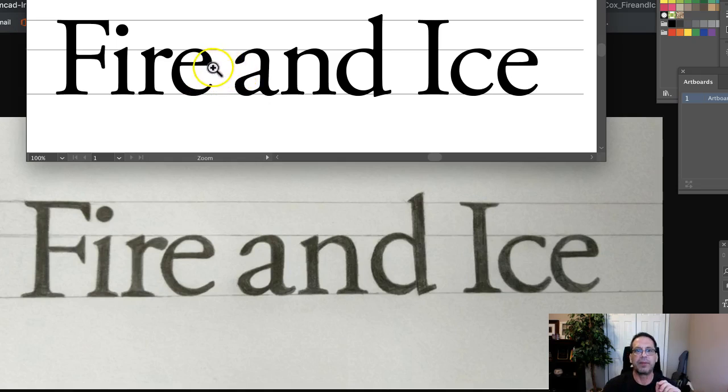So in other words, if this space right here were wider than this space, or if this space here were too wide, our minds would look at this and say, fire, and ice, because that's what you're telling the viewer. You're telling the viewer there's a break there. We don't want that. We want this to be registered as fire and ice. Therefore, the spacing needs to be impeccable.